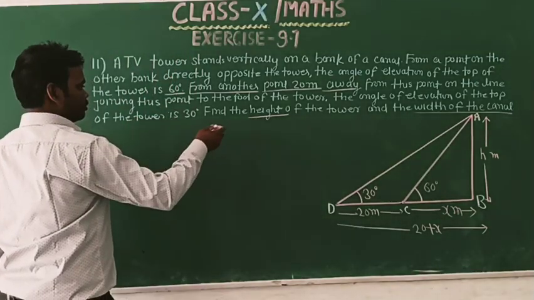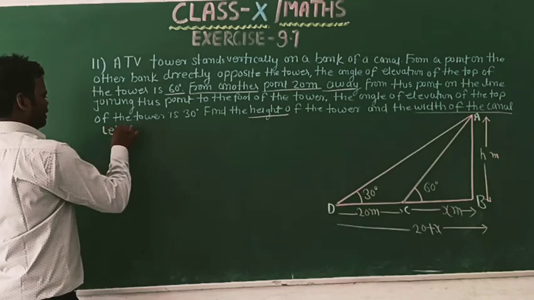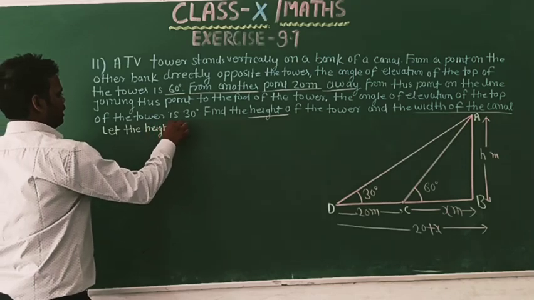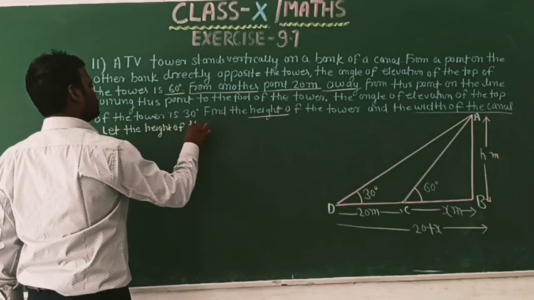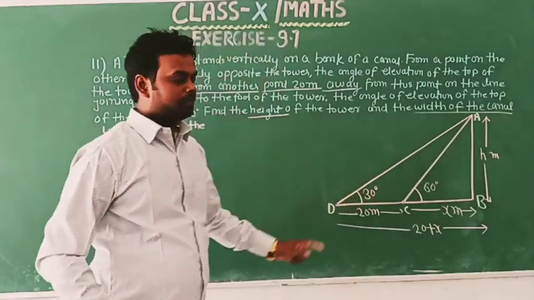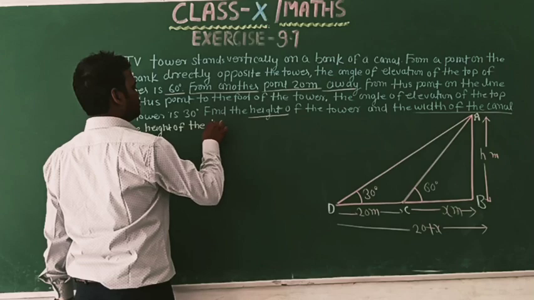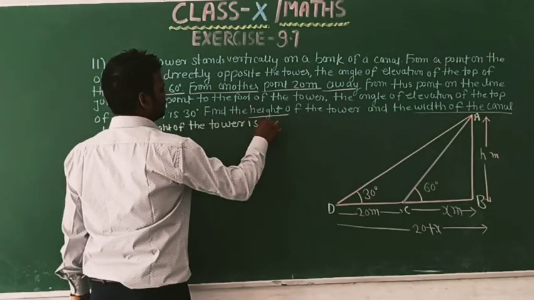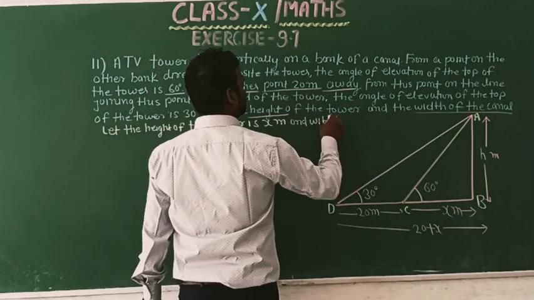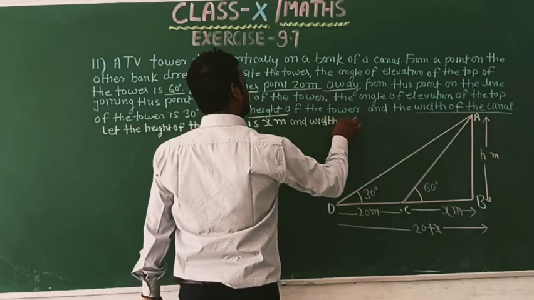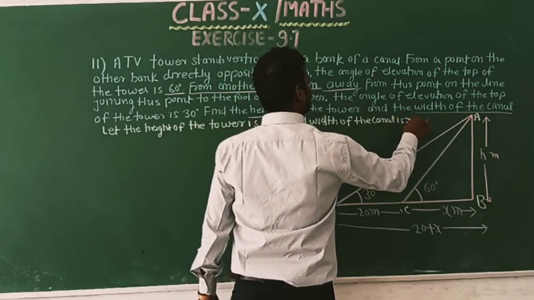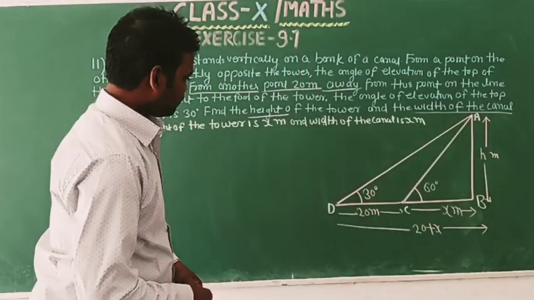So first, let the height of the tower be h meter and width of the canal be x meter.